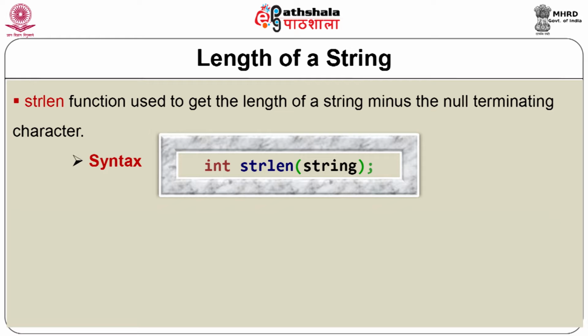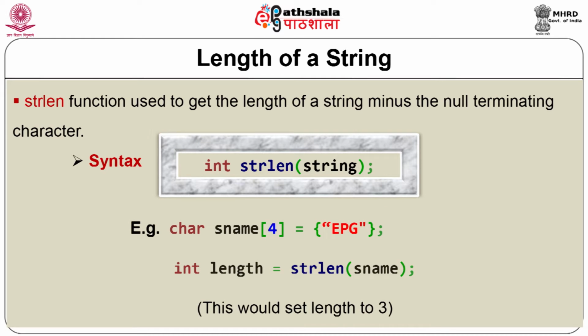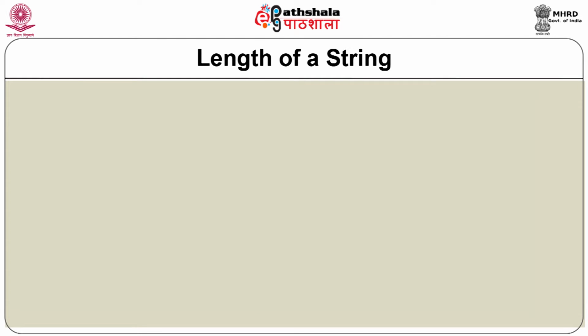Like see a simple example, string name[4] equal to "EPG". So here the number of characters entered in this string is 3, but the maximum characters are 4 because there is a terminator character or null character. So the length of this string is 3. Now you can see char A[] equal to "EPG\n".